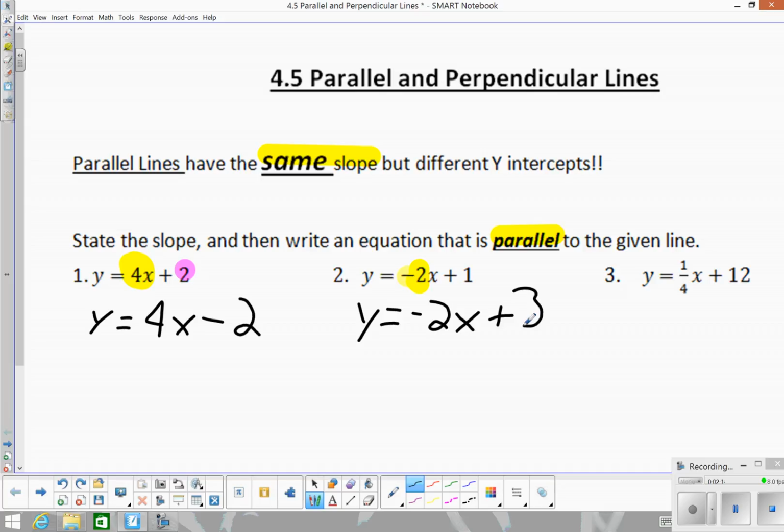That 3 could be anything you want it to be as long as the slope is negative 2. Good. And lastly, I have y equals 1/4 x plus 12. My slope is 1 over 4. I want to write an equation that's parallel. It's going to be y equals 1 over 4x plus or minus anything. Let's say minus 1. Okay, so those are lines that are parallel. You could write any line that's parallel as long as it has the same slope.